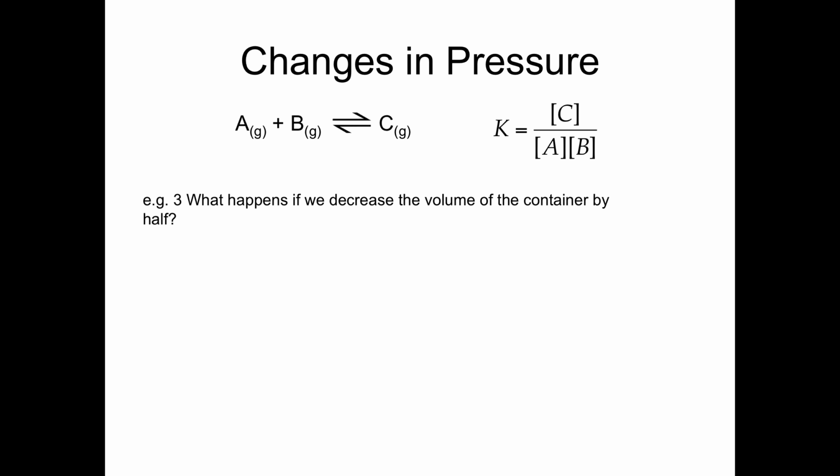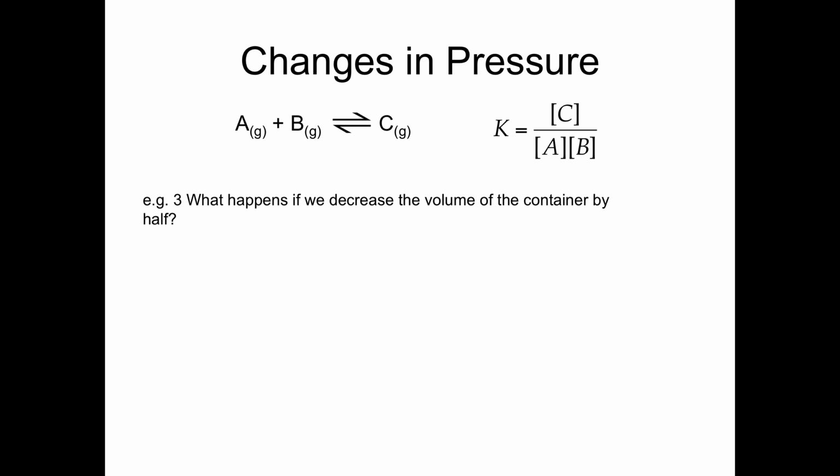These examples are pretty simple, but there are other ways we can use Le Chatelier's principle with respect to equilibrium. For example, if we look at an equilibrium involving gases, we can actually look at changes in pressure. So now I've just added gas states to all of our reactants, A, B, and C, just to imply that they're all gases.